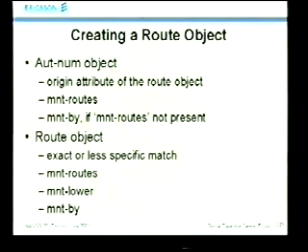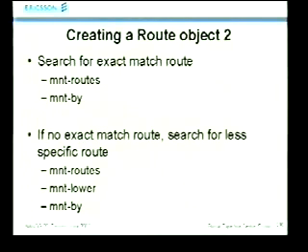Next, you're trying to create this route object. You search for an exact or less specific matching route object. And you will check MNT routes, MNT lower, and MNT by. So when you're searching, you first search for an exact match route object.